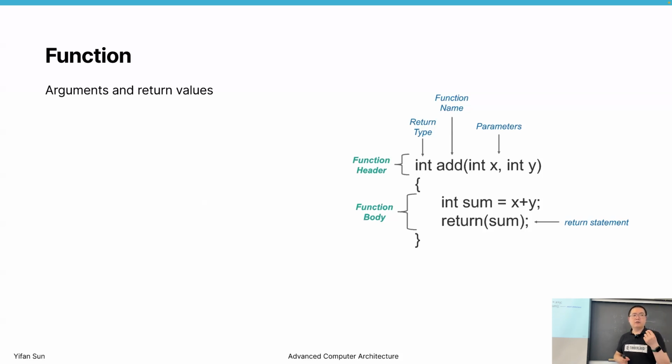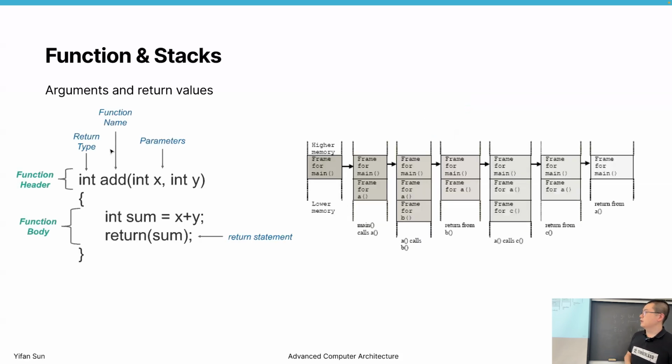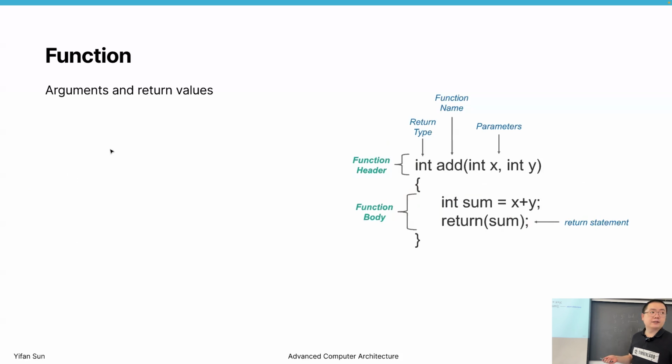A caller will call the callee, another function. Then the callee always has arguments, return values, and its internal temporary variables, right? So we try to see how these things are organized in the memory.